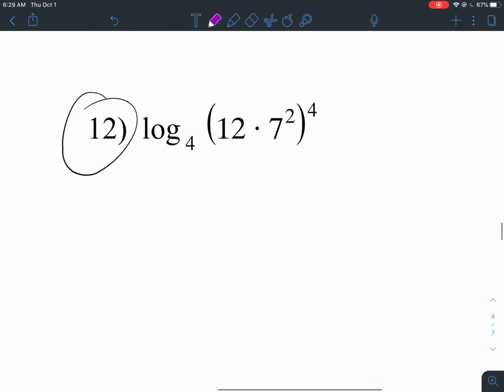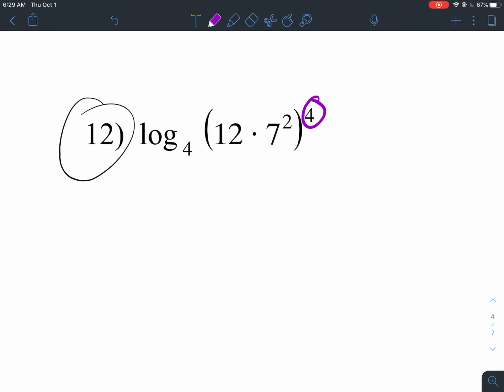All right, then we've got expand each logarithm. So let's look here. Notice how we have this 4 out in front. So both of our logarithms, when we expand it, need to have a 4 out in front. Notice how this 2 only goes to the 7, but the 4 goes to both. So I can even go ahead and just distribute that now.